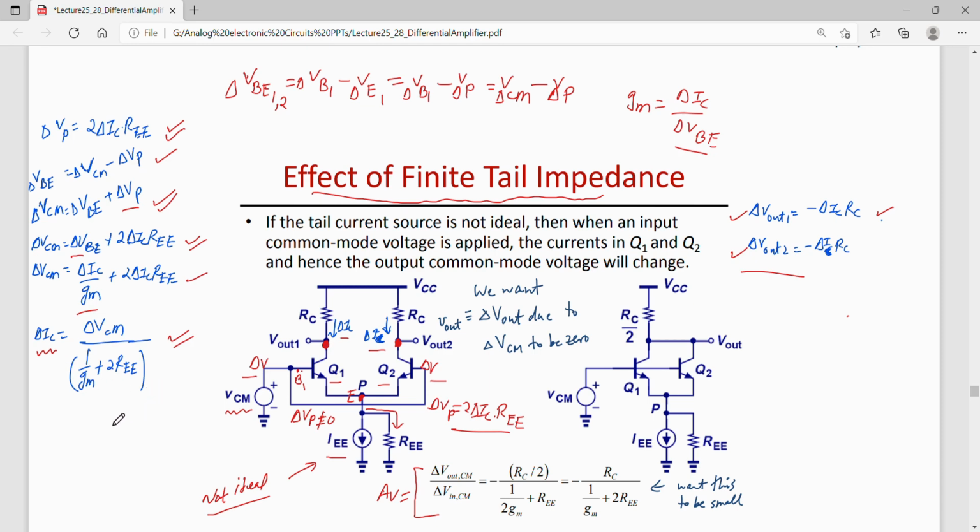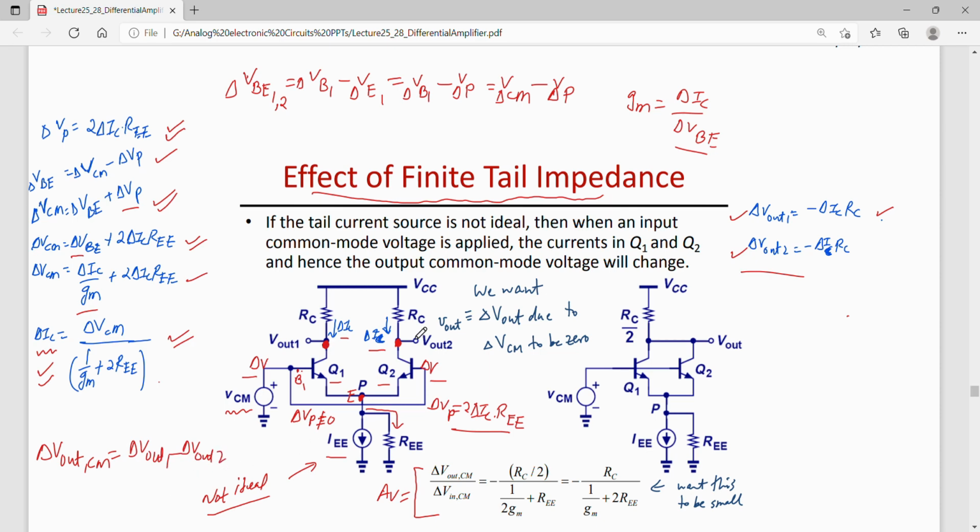So if I use this equation for delta IC, and we also use delta V out common mode as delta V out 1 minus delta V out 2.